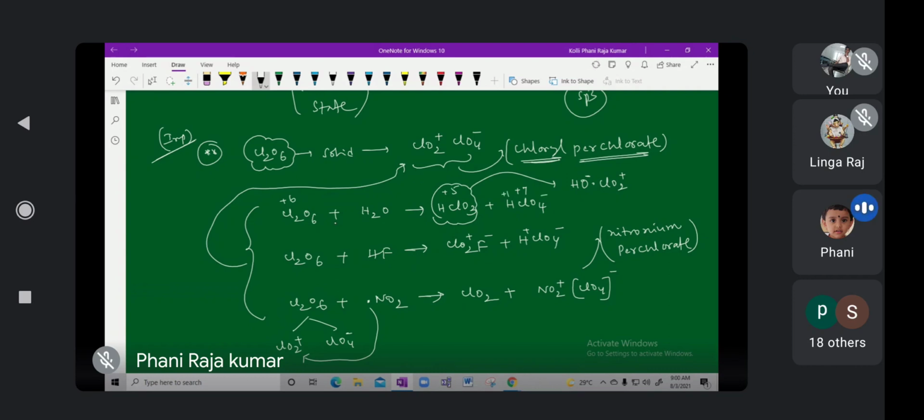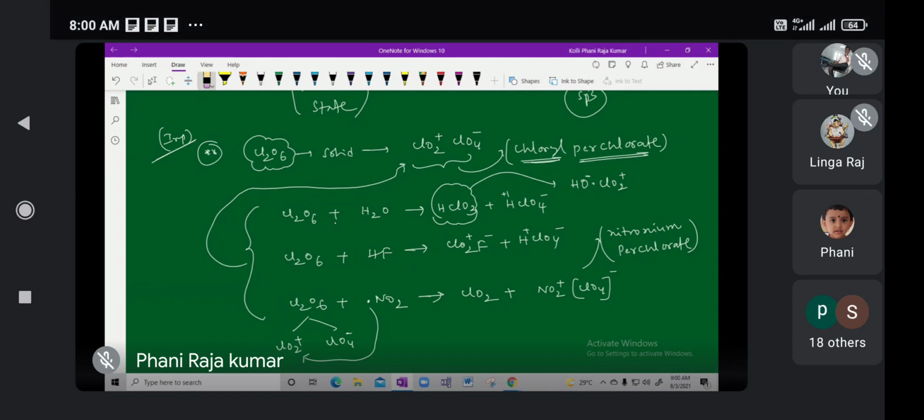ClO4 minus. These reactions support the ionic form of Cl2O6 as ClO2 plus and ClO4 minus. ClO2 plus OH minus: chloryl hydroxide. ClO2F: chloryl fluoride.